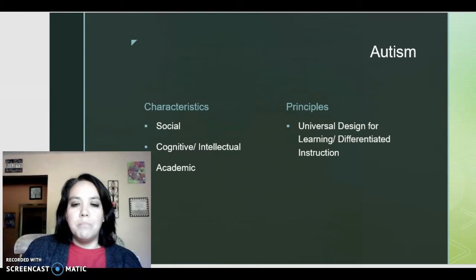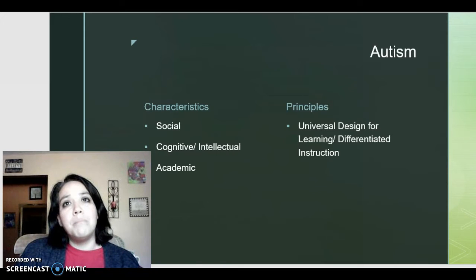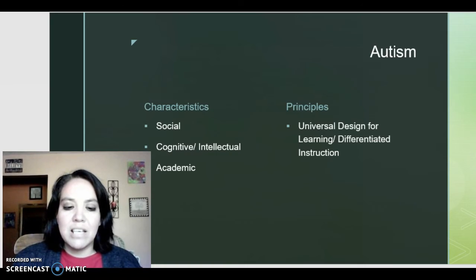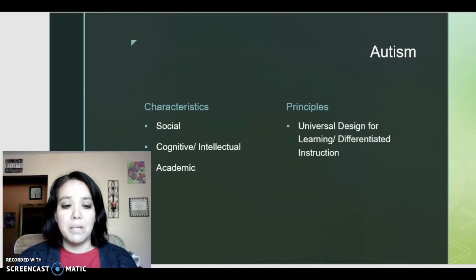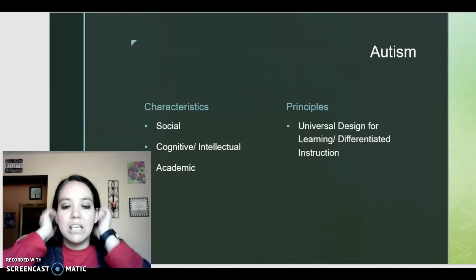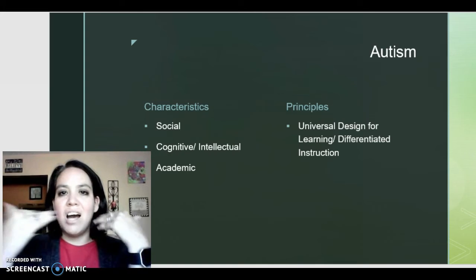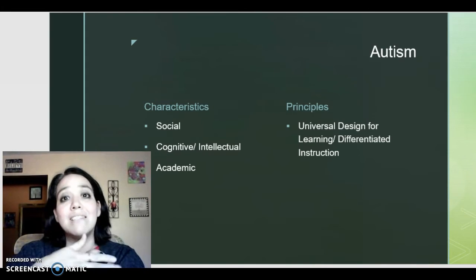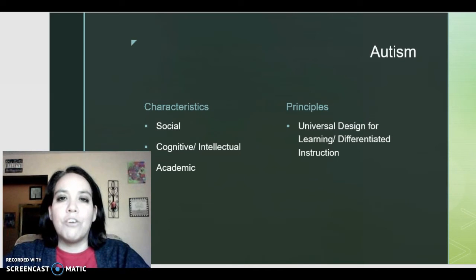Autism, or autism spectrum disorder. Social characteristics: students with autism have difficulty establishing relationships and maintaining them. They have a tendency to not respond to many of the forms of communication that so many of us take for granted.